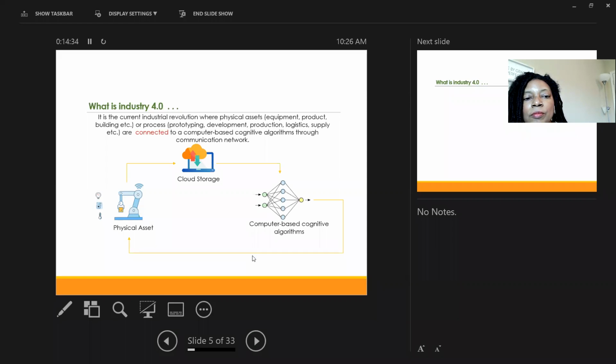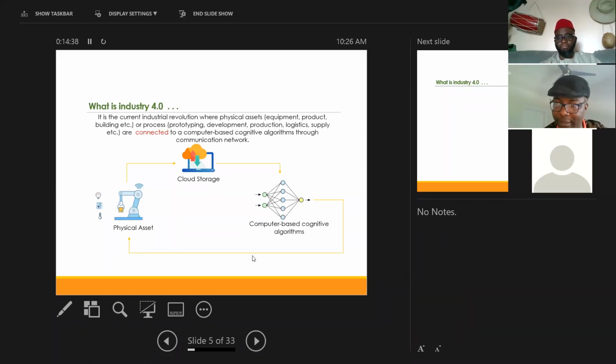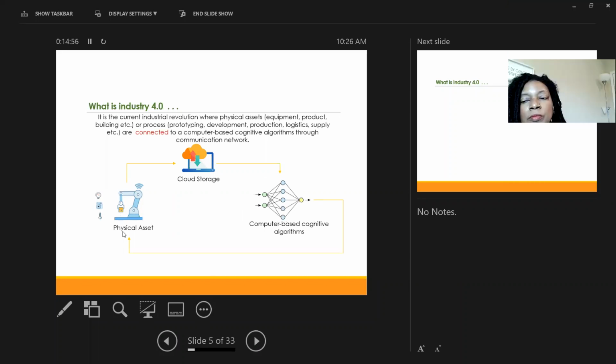So this is how the fourth Industrial Revolution has been working. The machine suddenly becomes so smart. From the data coming from the machine, we can analyze it, and we can tell the machine, let's say this robot specifically is to pack 32 cases of roasted meat in a carton.